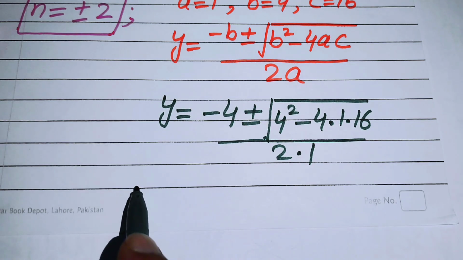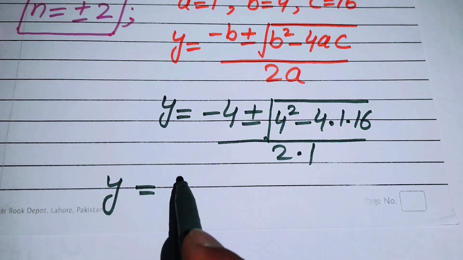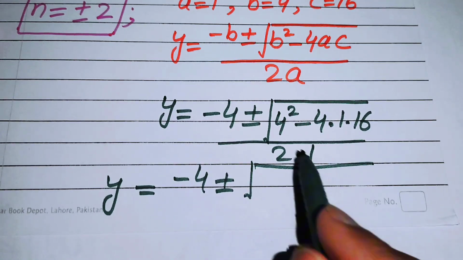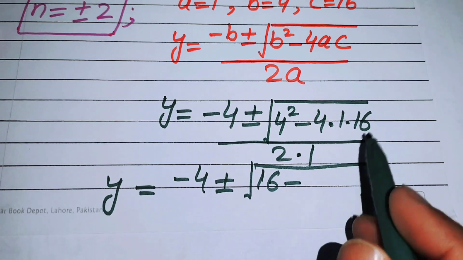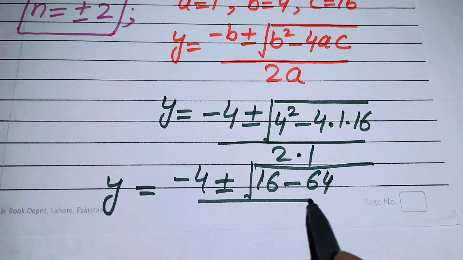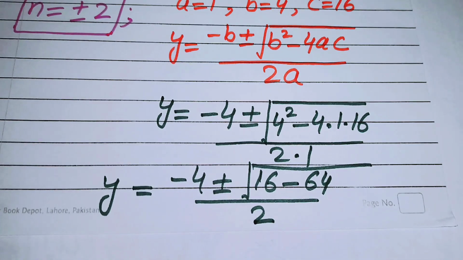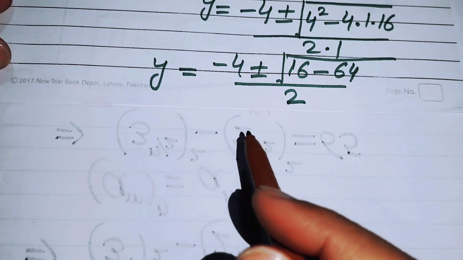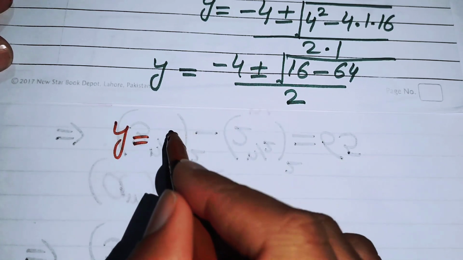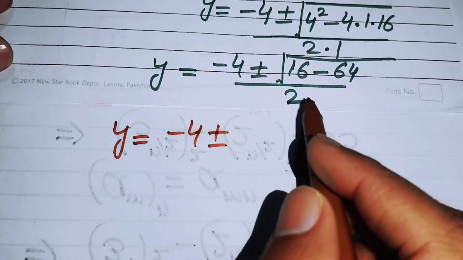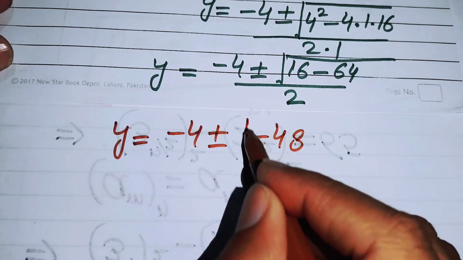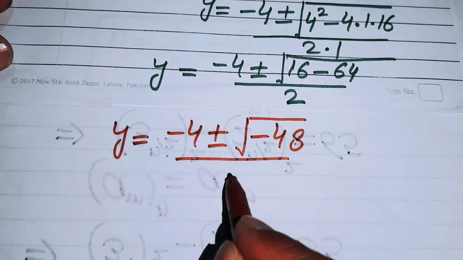Now we make a little bit of simplification here, and we get y equals minus 4 plus minus square root of 4 squared equals 16 minus 16 4s are 64, and this whole over 2. After simplifying, we have y equals minus 4 plus minus square root of 16 minus 64 equals minus 48, over 2.